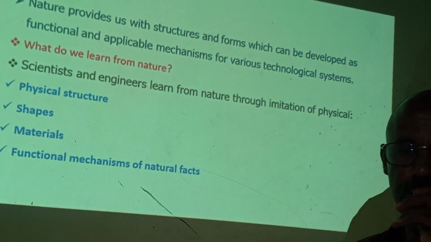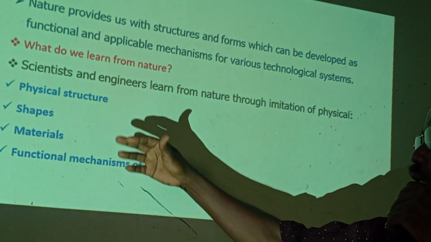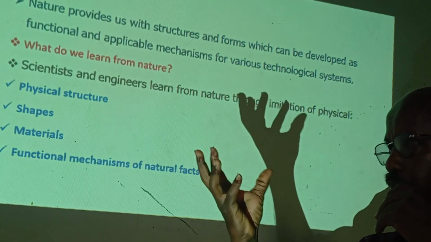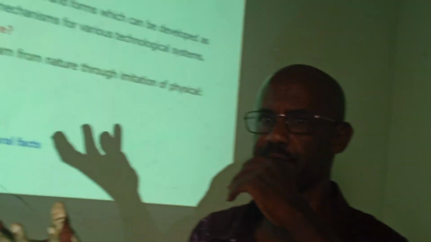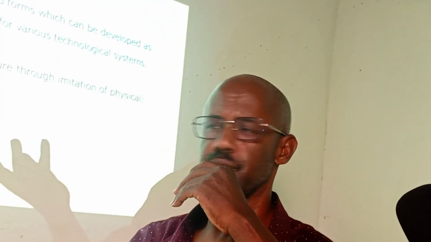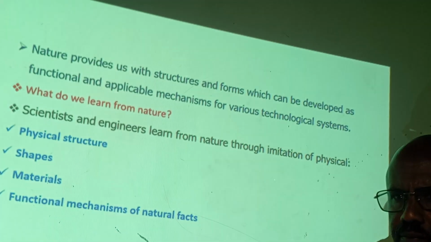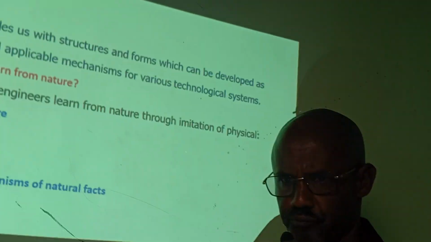What do we learn from nature? Scientists and engineers learn from nature through imitation of physical structure. We can copy the shape of some plant leaf or stem or fruit. Shape, physical structure, material content, and functional mechanism, how it works.